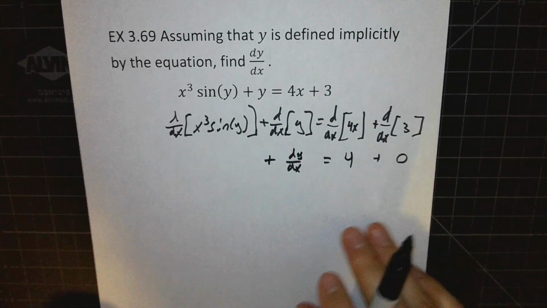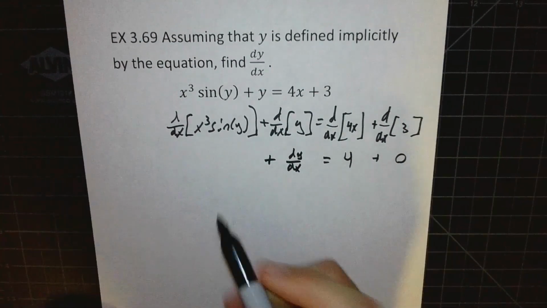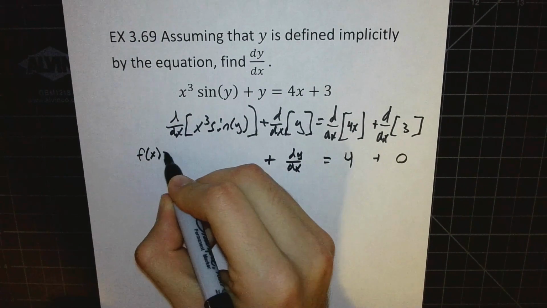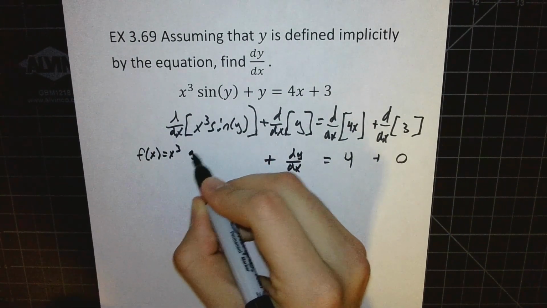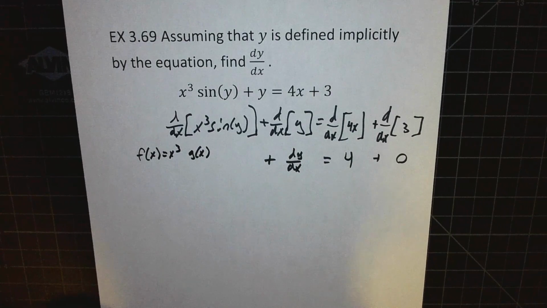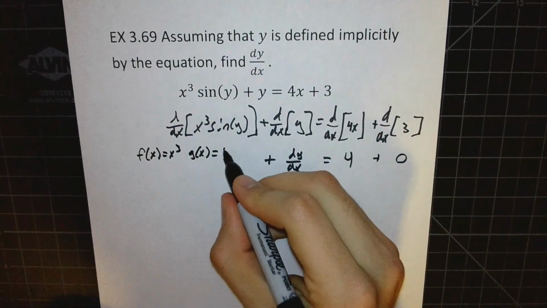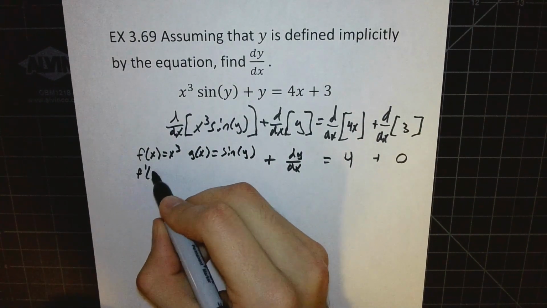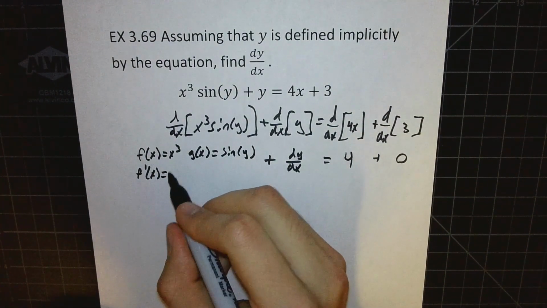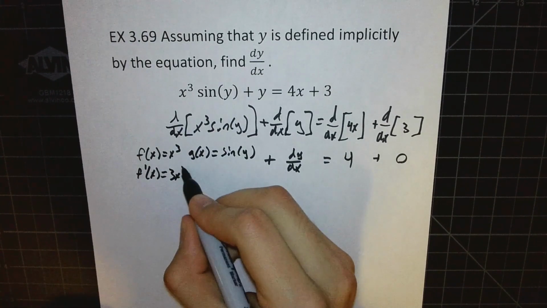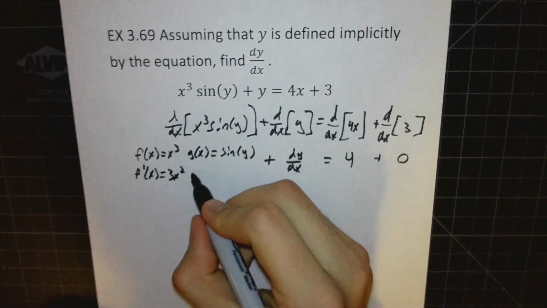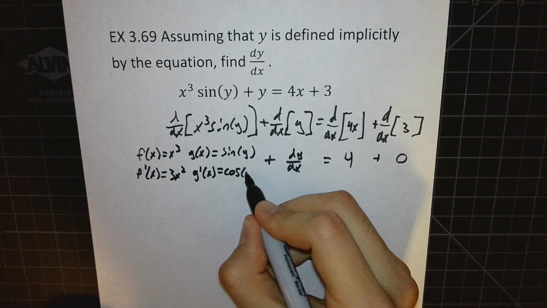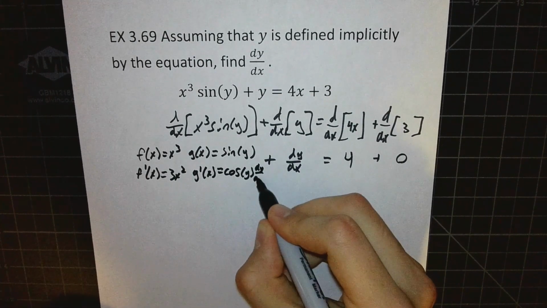And then over here, we have to do a product rule, right? So our f of x here is equal to x to the third, our g of x is equal to sine of y. If we want to do f prime of x, this is equal to 3x squared, and then g prime of x is going to be equal to cosine y dy/dx.